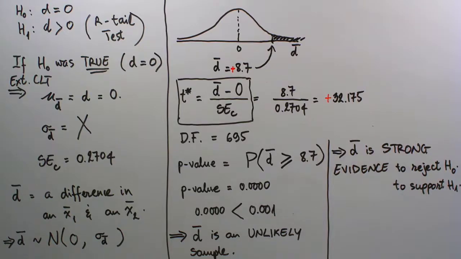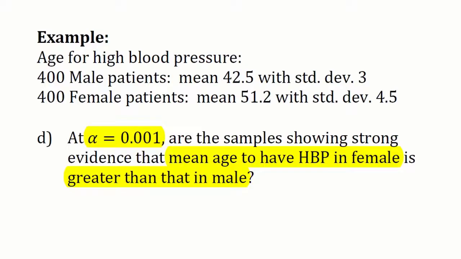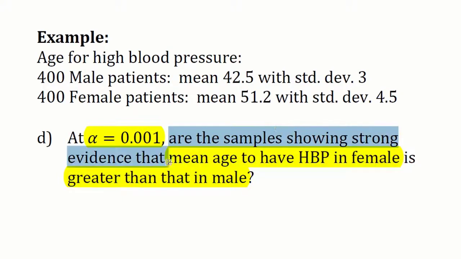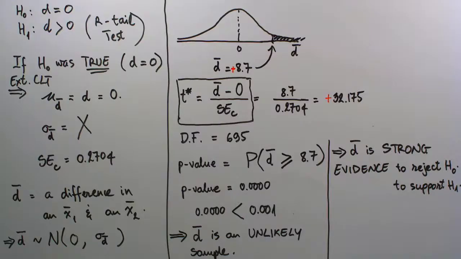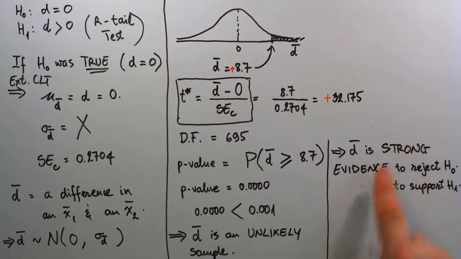But ultimately the question itself is a yes or no question, because it's asking, are the samples showing strong evidence? So what we were mainly looking for was whether we had strong evidence or not, and we did find out that our sample is showing strong evidence.